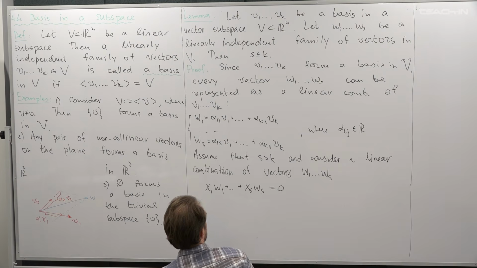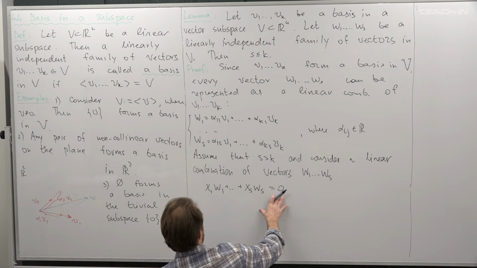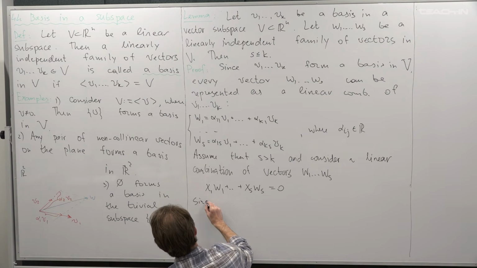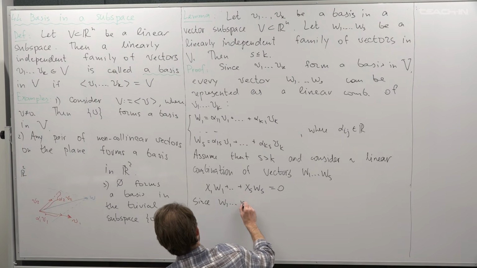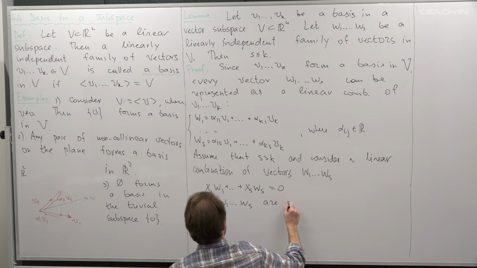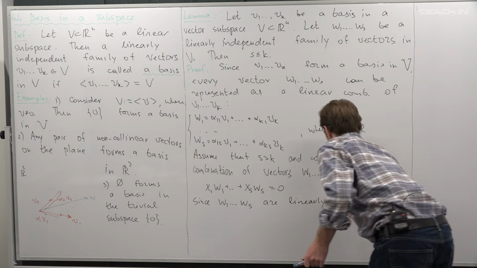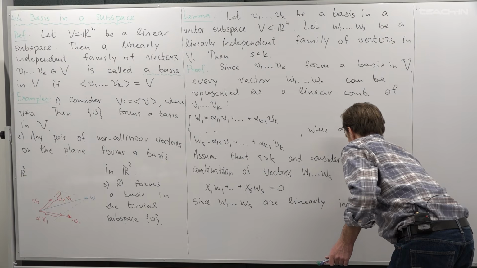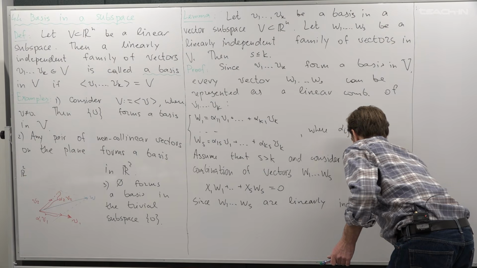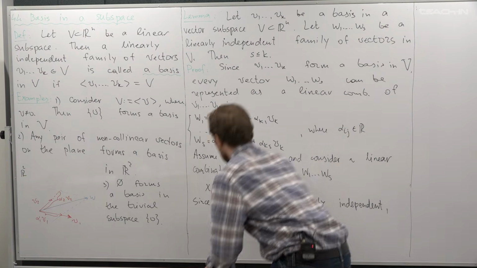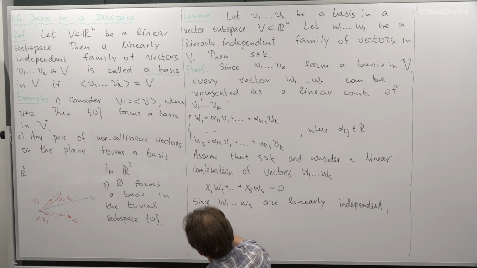So we assume that this linear combination is 0. Since w1, etc., ws are linearly independent, this linear combination has to be trivial.